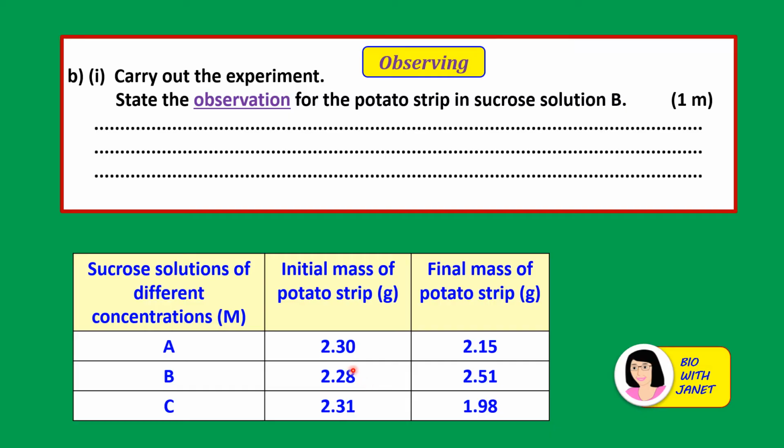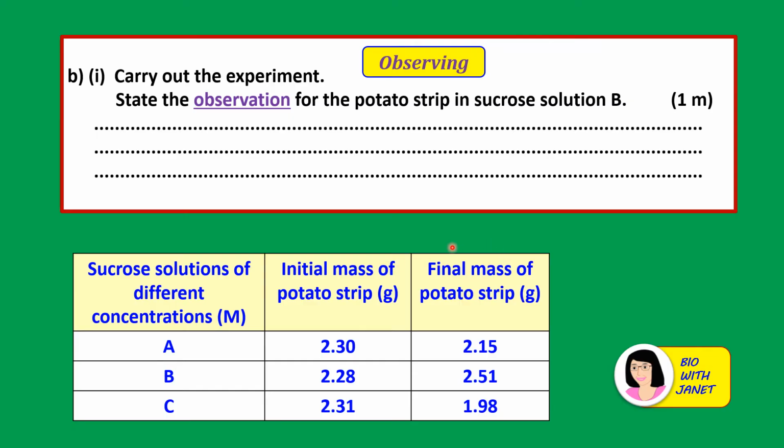So before you write down the observation, please take note that an observation should have 3 main things. What are the 3 main things? It should be from the table of results. Should be the MV, the sucrose solutions of different concentrations, and then the initial mass and final mass.